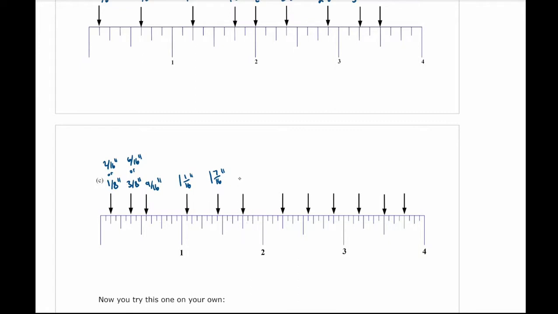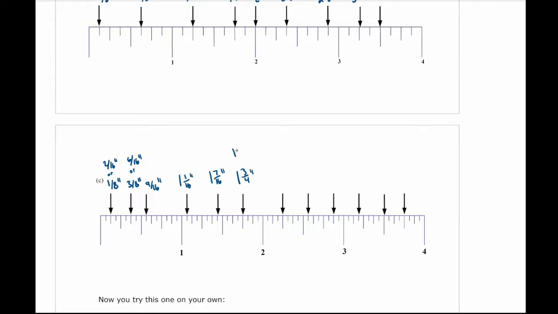We can see here, again, past 1. So 1, again, looking at our lines, we can see that that is the second smallest one. So we have our half, so that would be a quarter. And we have 1, 2, 3 quarters. Again, if you really needed to, you could count up 1, 2, 3, 4, 5, 6, 7, 8, 9, 10, 11, 12.